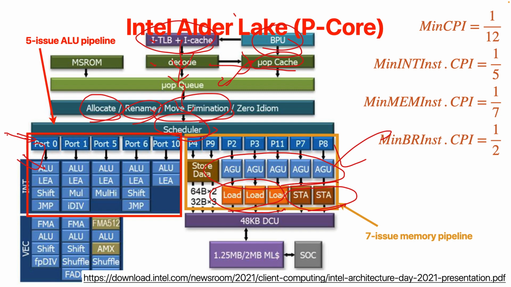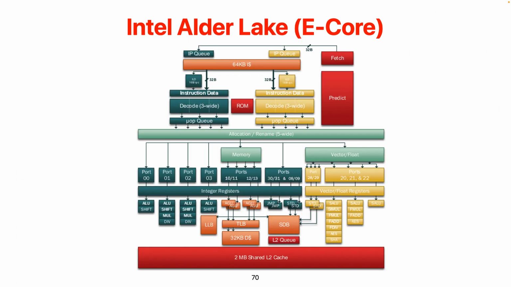So with that, if you are always able to create a program that doesn't have any data dependency among instructions in each iteration, and each iteration you have 7 memory instructions that do not depend on each other, and you also have 5 ALU instructions that do not depend on each other, in theory, you can achieve a CPI that's 1/12, right? That's what the processor can do.